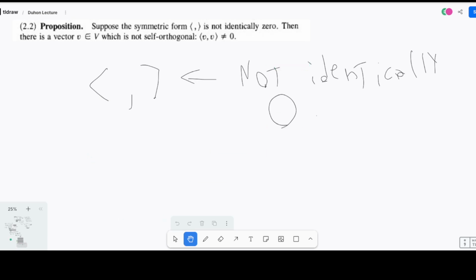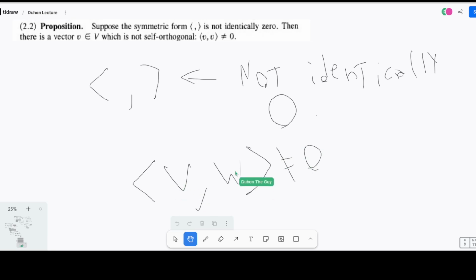Now, how are you going to get from two random vectors that are not necessarily equal to two equal vectors that are not necessarily 0? Well, let's just take the two vectors that we do know, when they get formed, aren't 0.